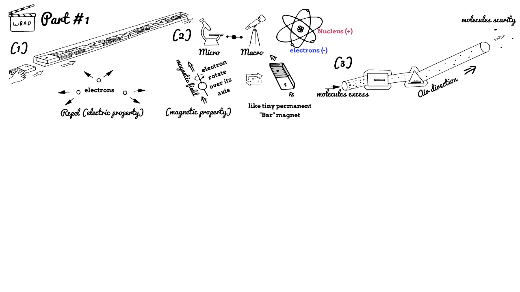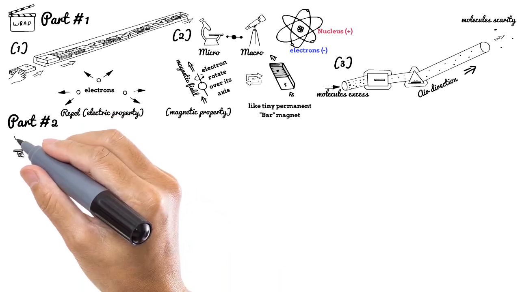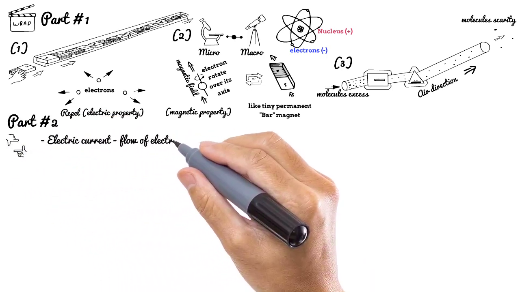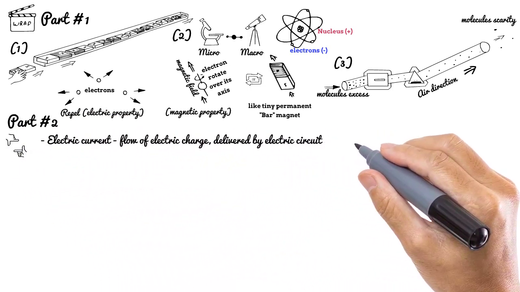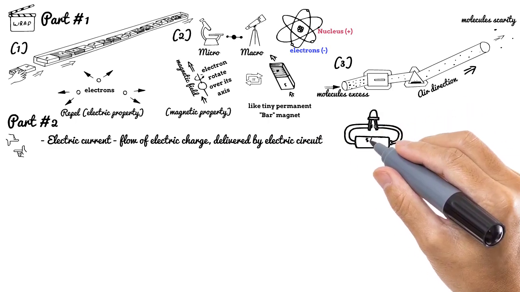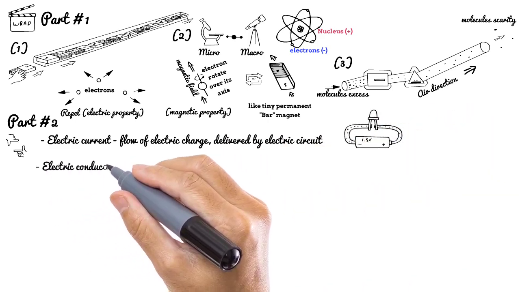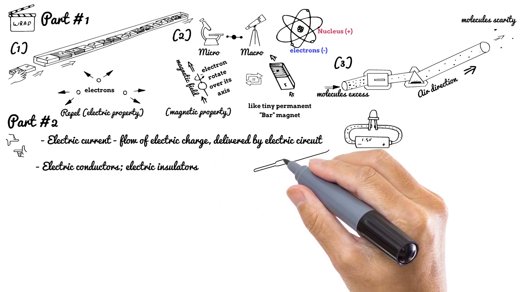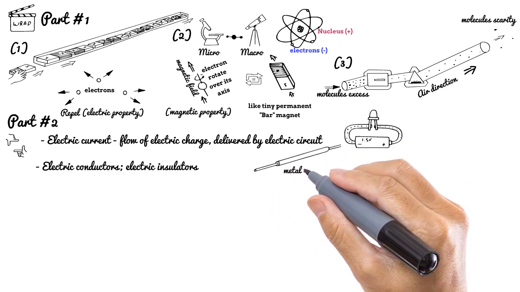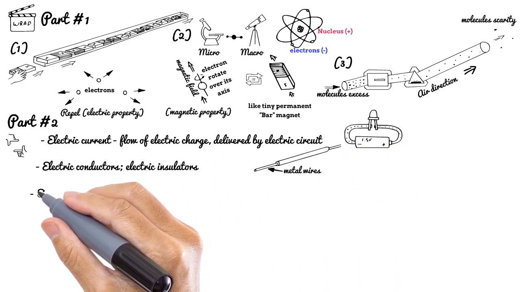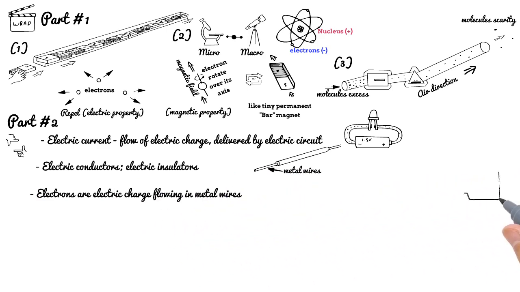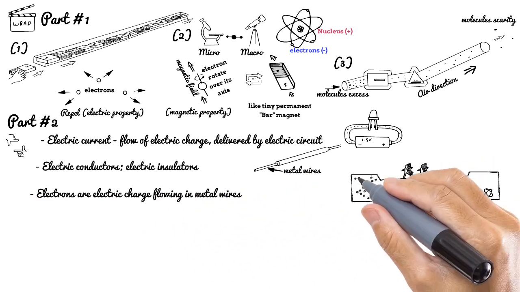Then we moved to current, the second part of the video. The next topic was about electricity itself. We introduced several terms, mentioned that electric current is a flow of electric charge delivered by an electric circuit. We mentioned electric conductors and insulators, with metal wires as a good example of conductors used. Electrons are the electric charge flowing in metal wires.